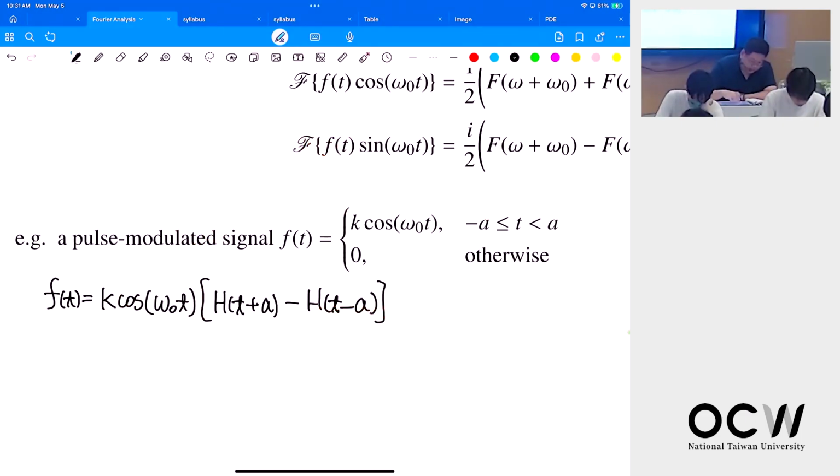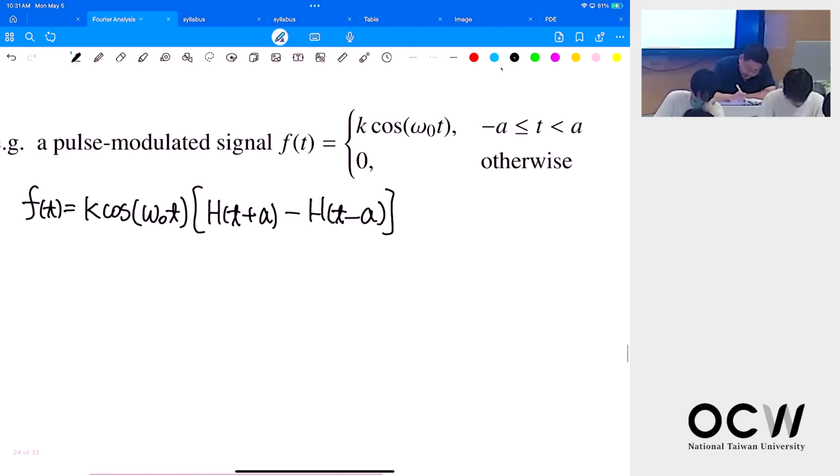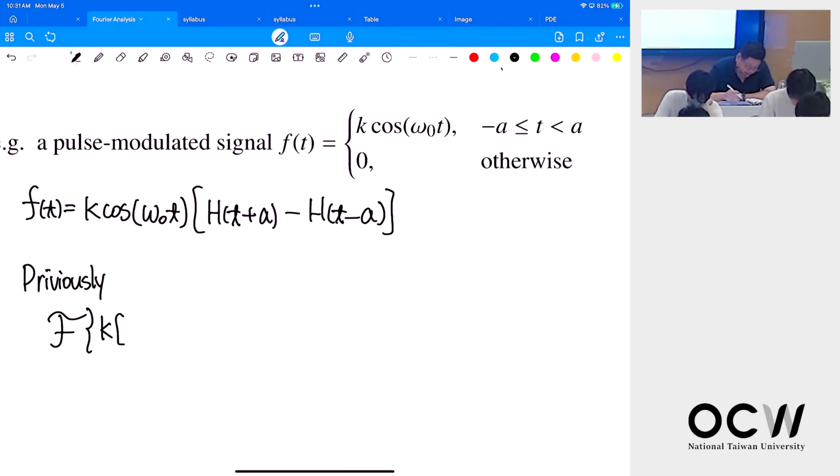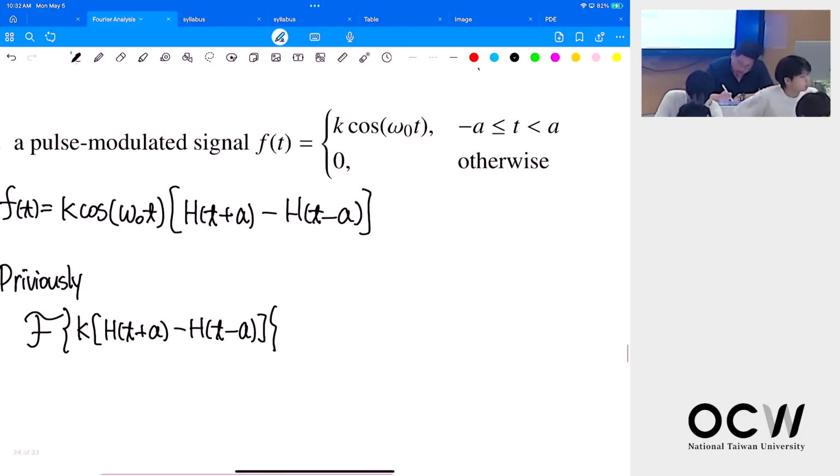So now let's consider the Fourier transform of the amplitude k times the pulse. That will be 2k times the sinc function, sine a omega divided by omega.